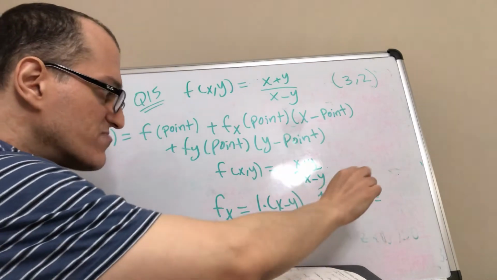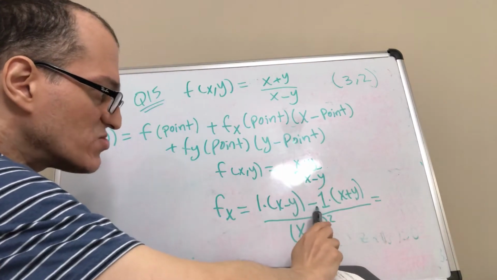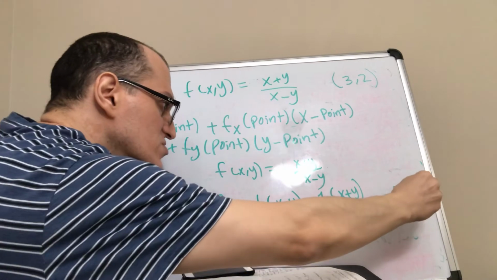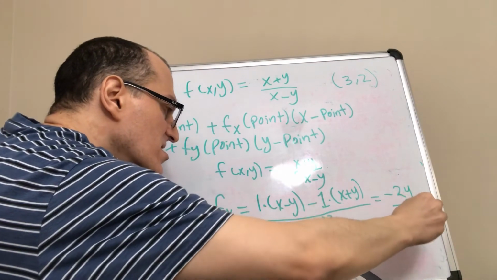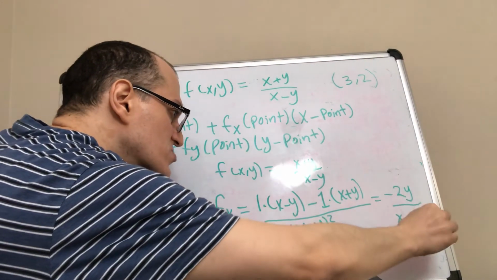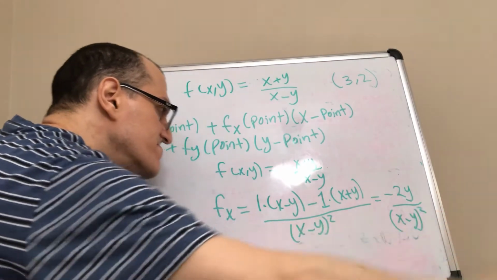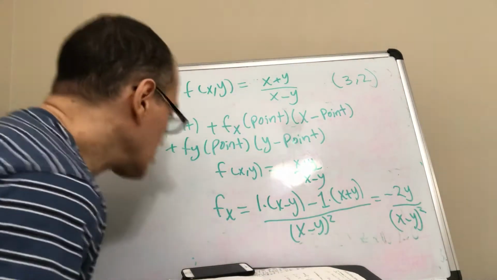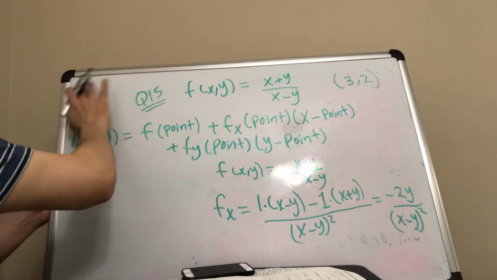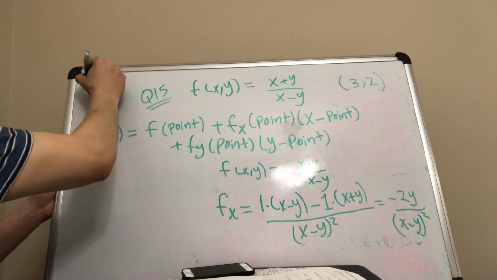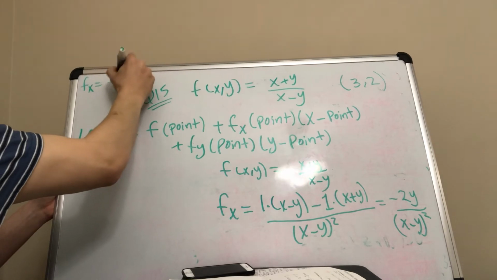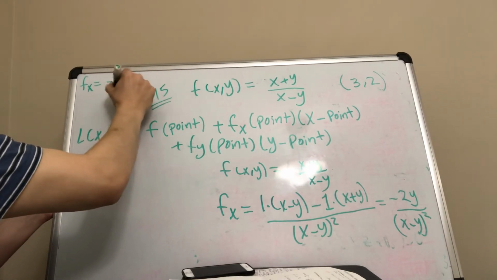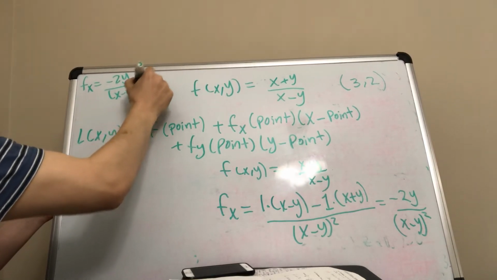So that would be x minus x gone, minus y, so minus 2y, over (x minus y) squared. The derivative with respect to x is minus 2y over (x minus y) squared.